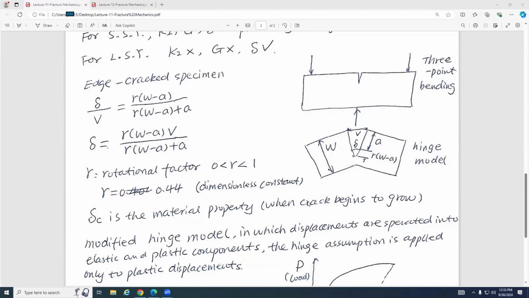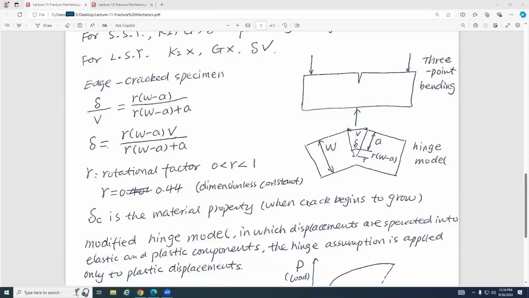So this is W, and this crack length is A. Here W minus A, we call R. This R is called a rotational factor, which is between 0 and 1. So this is the delta from this point and this point.